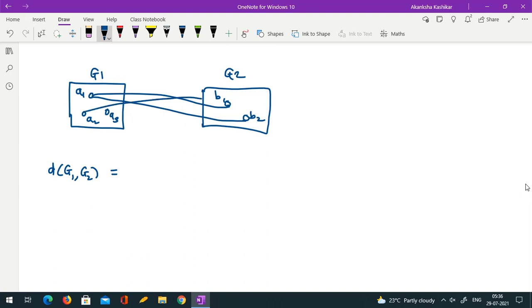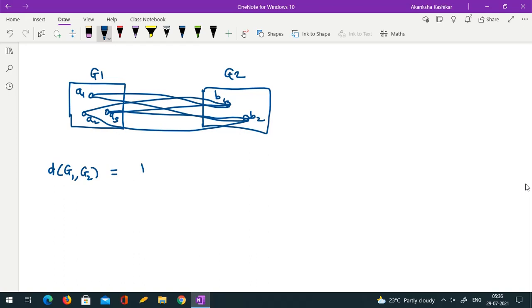Another possibility is A2 B1, another is A2 B2, and then A3 B1 and A3 B2. So there are basically 6 possible distances, correct? I can take my distance between the two groups as the average of these 6 distances.